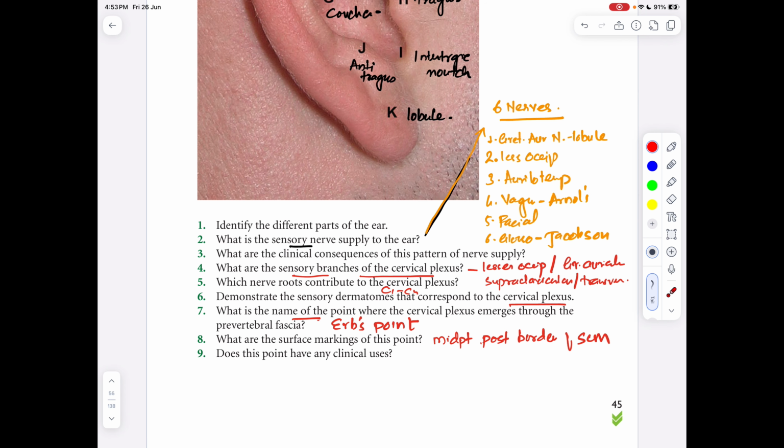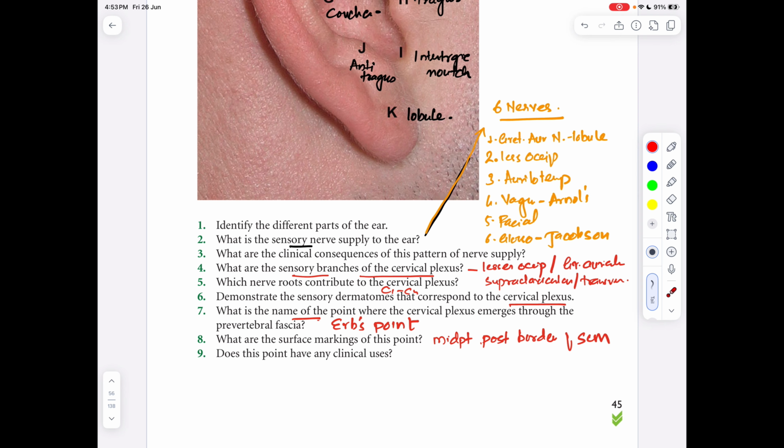Referred otalgia can be due to trigeminal neuralgia, pathology of the molar tooth, parotid gland, or temporomandibular joint. It can also come from the oropharynx, laryngopharynx, or esophagus. Any chronic ear pain with a normal ear examination must be assumed to be occult malignancy. So this is the significance.